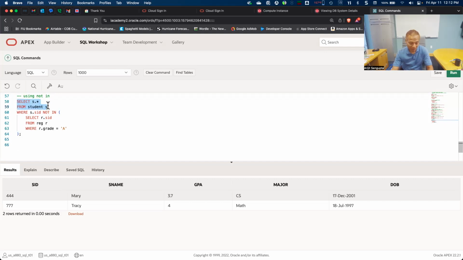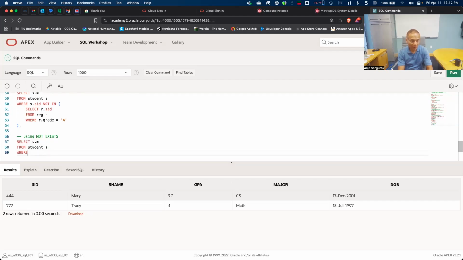You could say this: where not exists. What does not exist? Any registration for that student with a grade A. So we'll say select star from reg r, where r.sid equals s.sid.